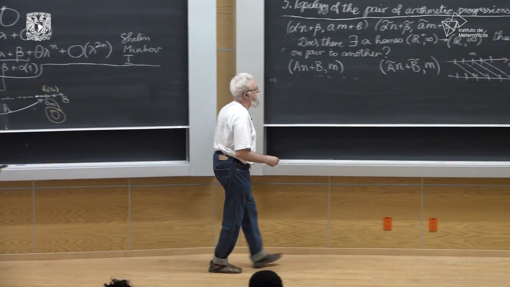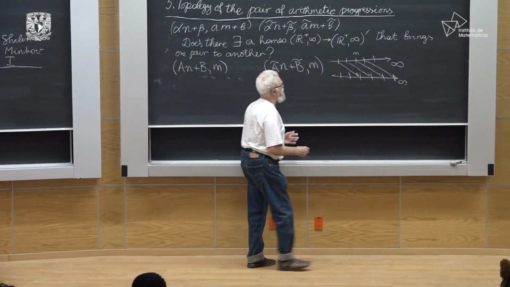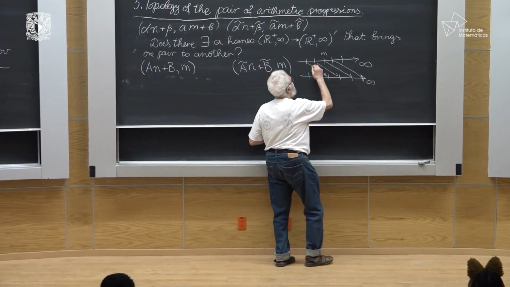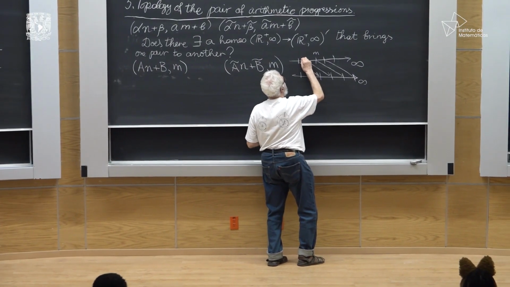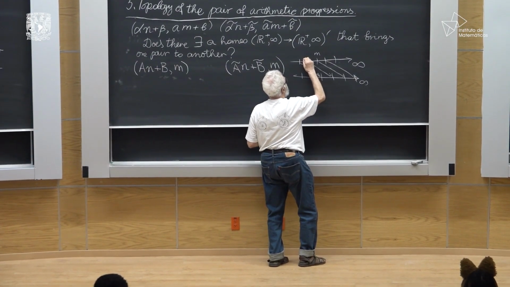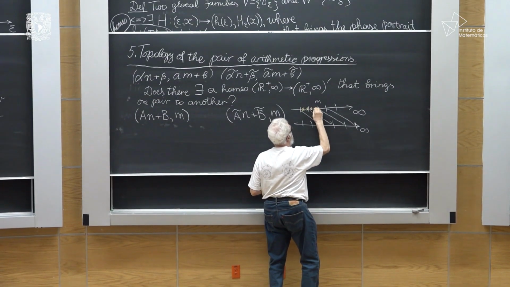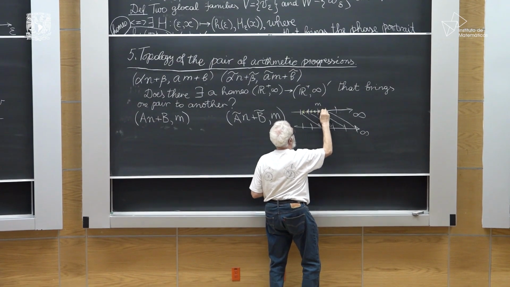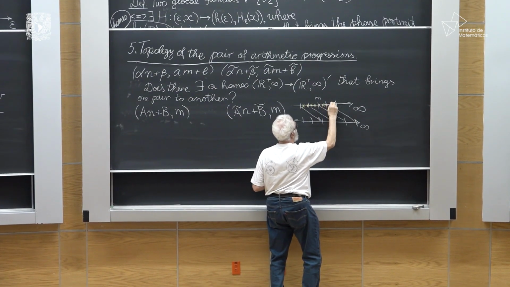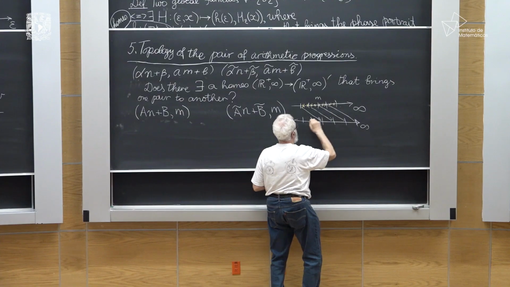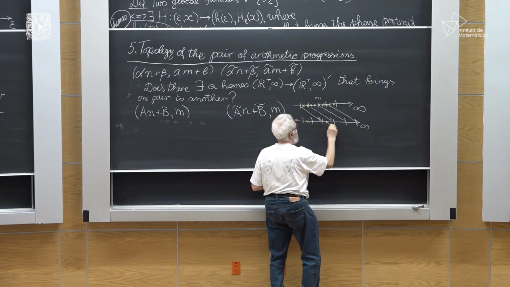Let us take another arithmetic progression. So for one progression, A will be smaller than 1. For another, it will be greater than 1.